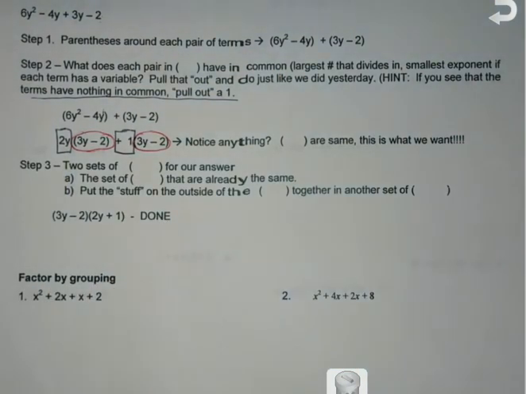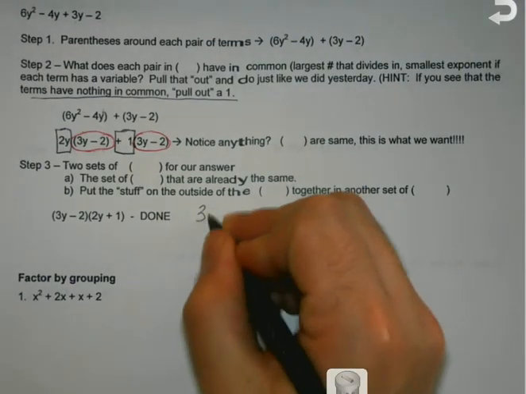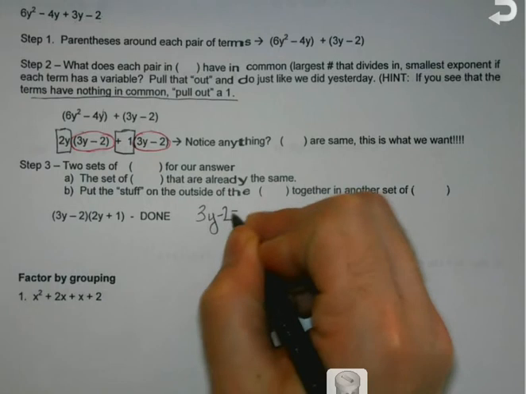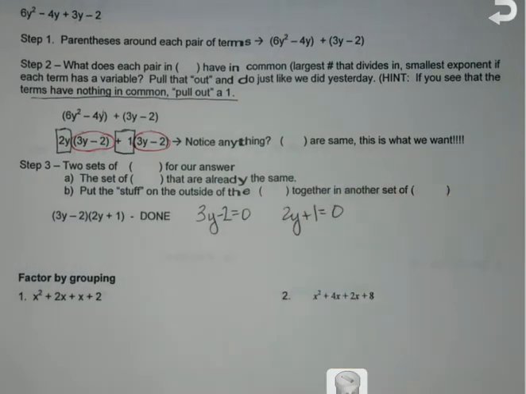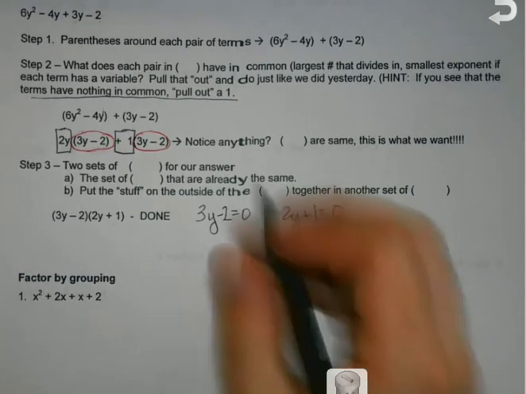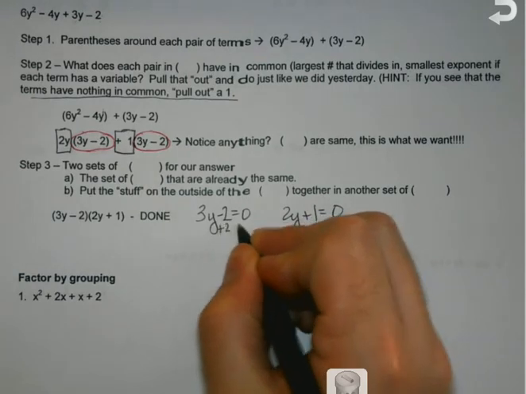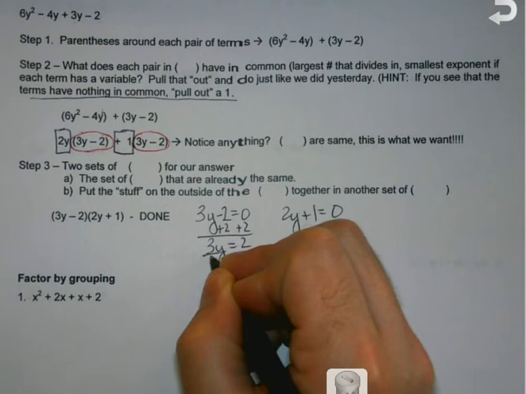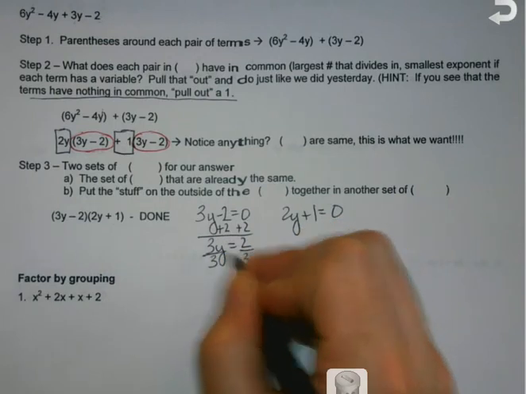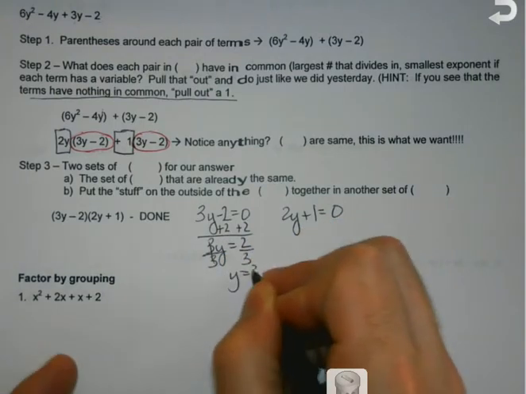You're like, no, but what's the sense of doing this? Because then, if I wanted to, like what we were doing Friday, I could take each of those sets of parentheses, each of those quantities, and I could go ahead and solve those and actually get the answers. And in math, most of the time it's getting to the answer, right?